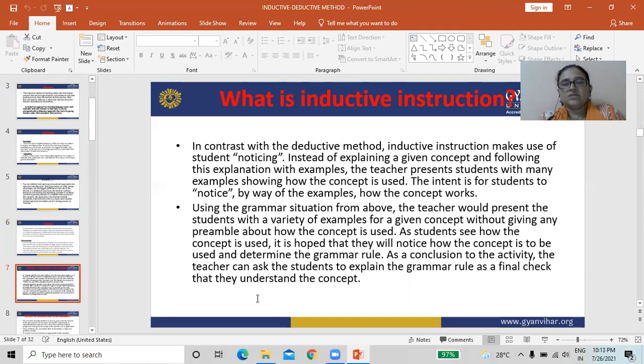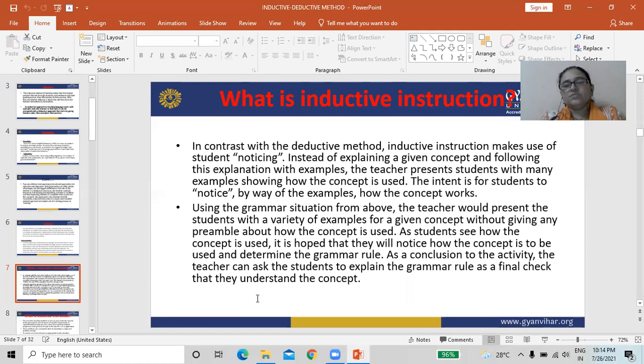What is inductive instruction? In contrast with the deductive method, inductive instruction makes use of the students' noticing instead of explaining a given concept and following the explanation with examples.